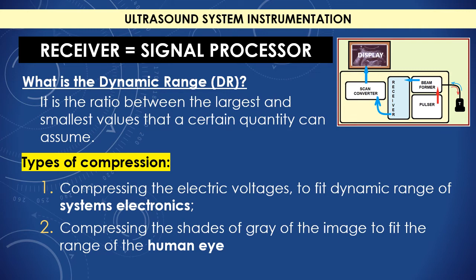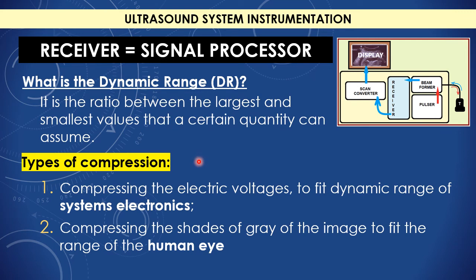So the dynamic range of this value is 50 because I have the highest 500 and the lowest 10. Okay, so this is dynamic range. Dynamic range actually is specific for many components inside the machine. Each component has its own dynamic range. Some of them have 50, some have 80, whatever, right?